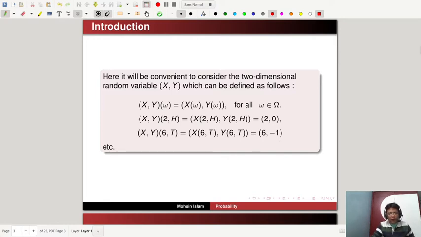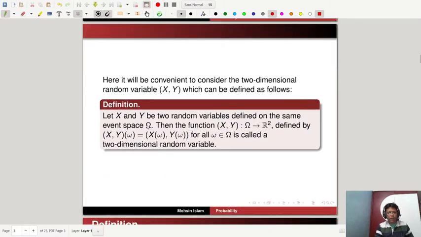Now let us define it in a mathematical, probabilistic way. Here it will be convenient to consider the two-dimensional random variable (x, y). So we need two random variables x, y. There are so many problems where a two-dimensional random variable should be defined. This is the definition. Let x, y be two random variables defined on the same event space capital Omega.